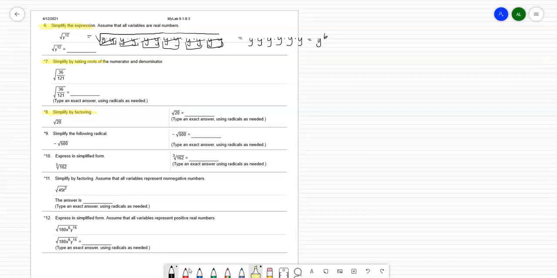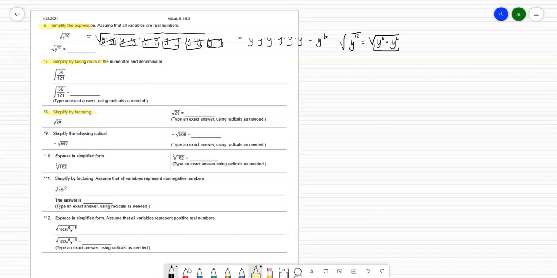Now, I could have looked at this differently. I could have used the product rule, which means when I'm multiplying like bases, I add the exponents and keep the base. So when thinking about y to the 12th, when I multiply y to the 6th times y to the 6th, that actually does equal y to the 12th.